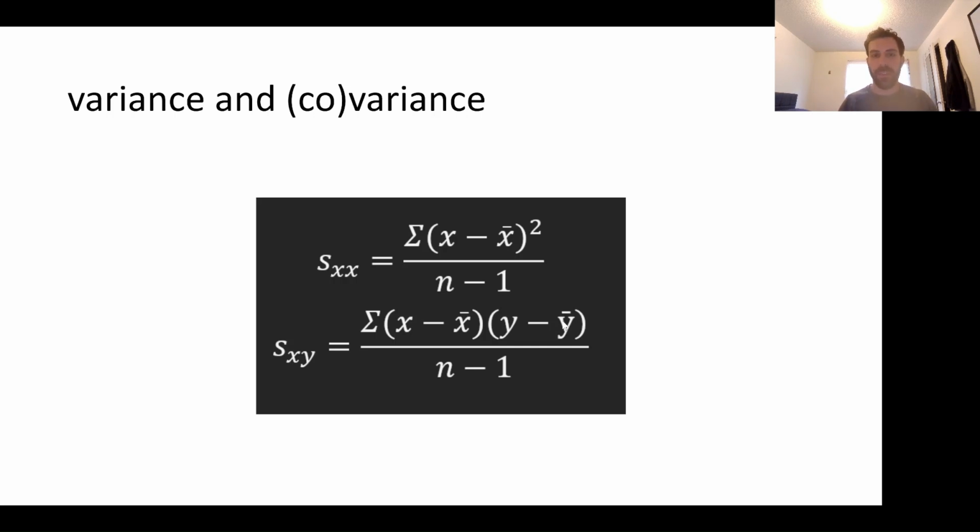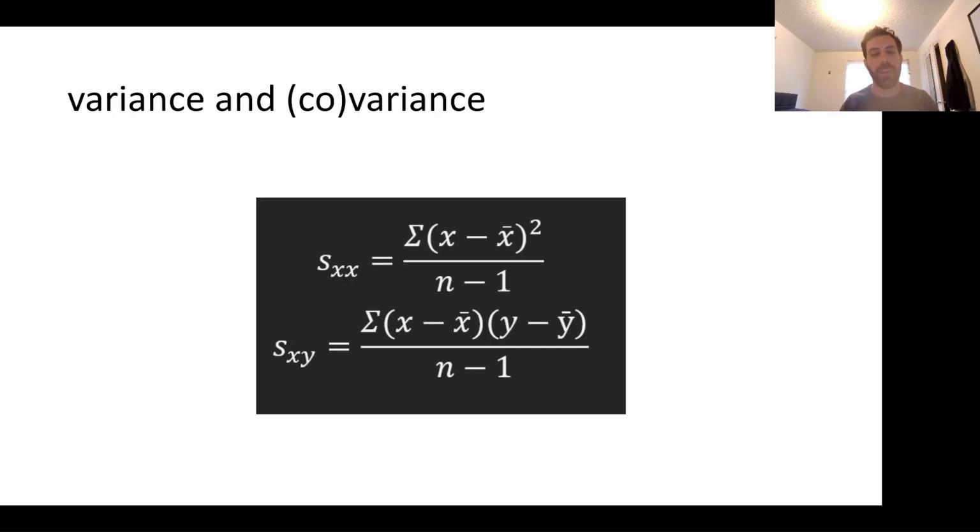I know this is different than how you've seen variance in the past, especially these subscripts over here, where I have x with itself and then x with y. But I want to introduce this new notation, even though mathematical notation can be a little intimidating, because it's going to be really helpful in our discussions, specifically about correlation, and later when we get to regression at the end of this lecture.